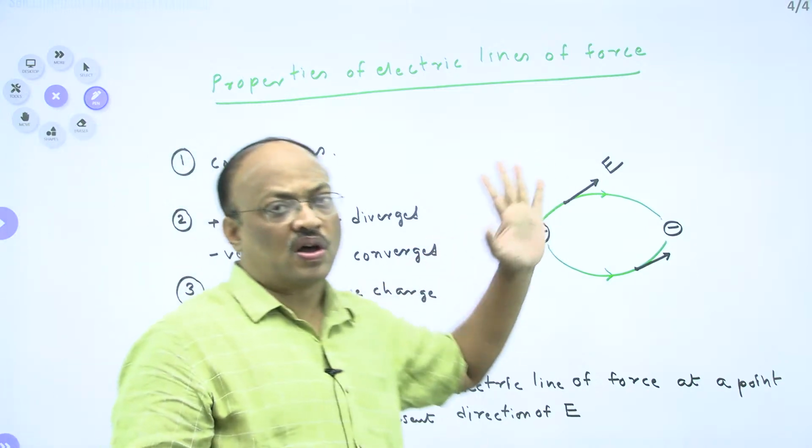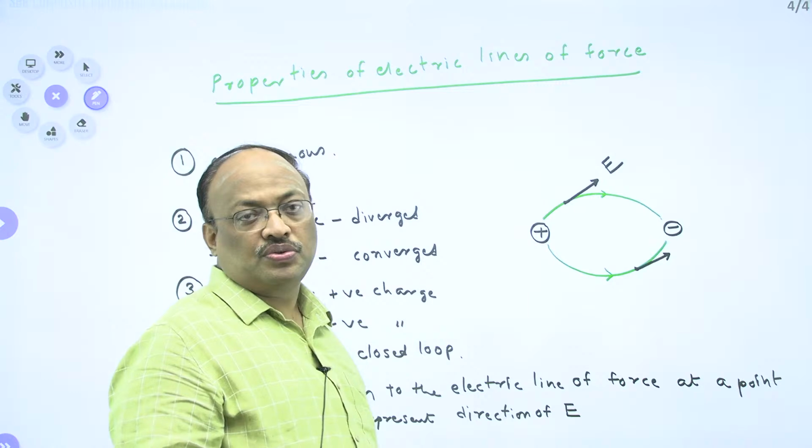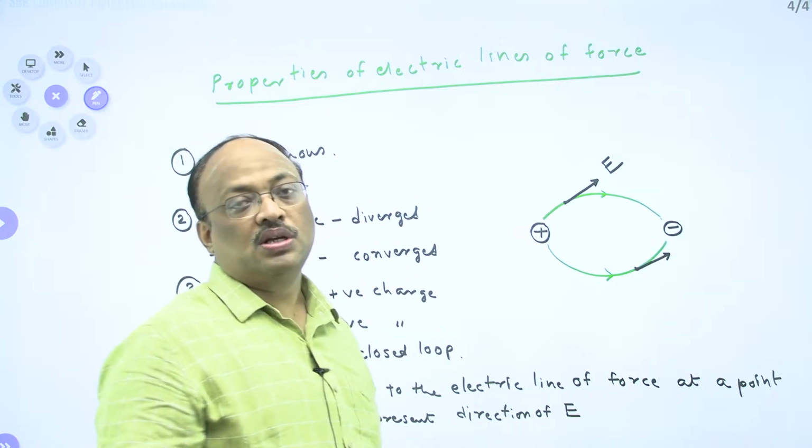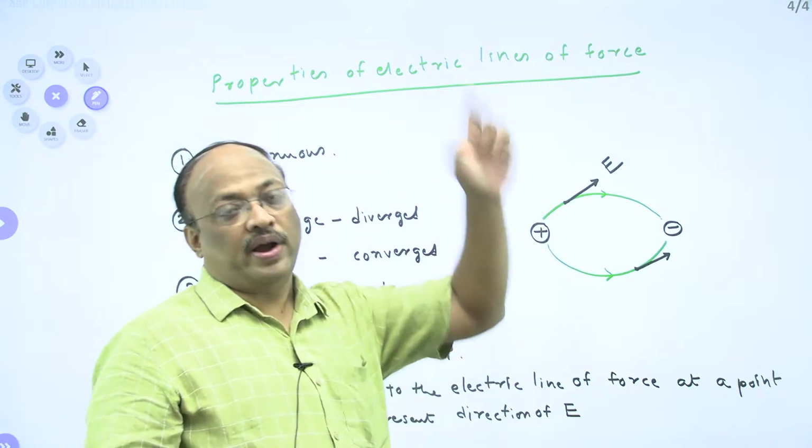So anywhere you draw the tangent to the electric line of force, that shows the direction of the electric field at that point.